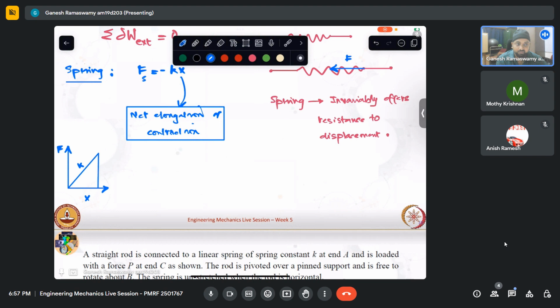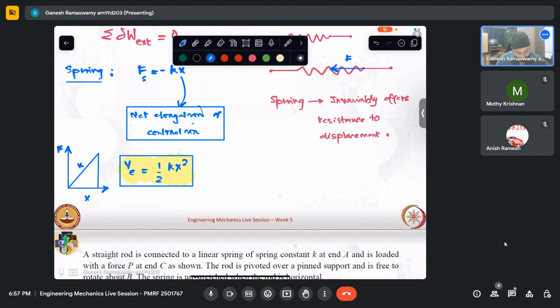So the potential energy of a spring is given by half kx squared. So energy can never be negative, whereas work definitely can be negative. Because we can see here, whatever be the nature of x, it gets squared. So energy is invariably a positive quantity.